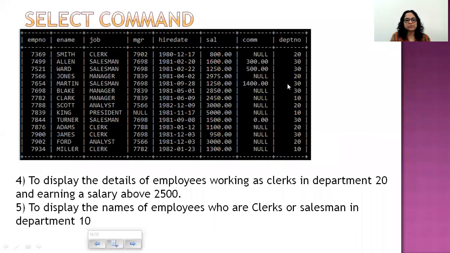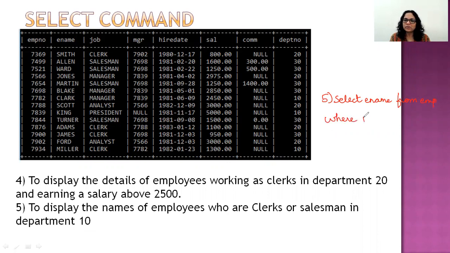Display the names of employees. So names means select ENAME from EMP, who are clerks or salesmen in department 10. What does that mean?